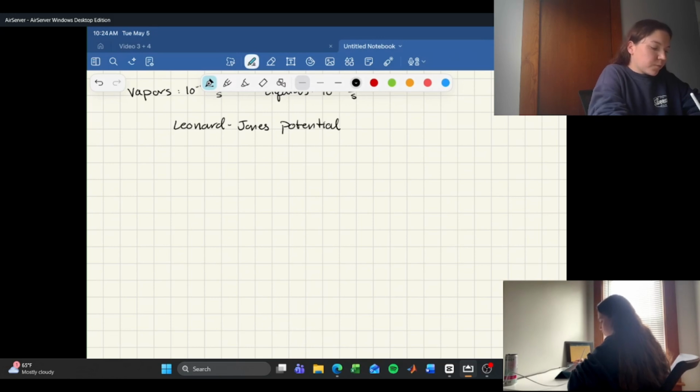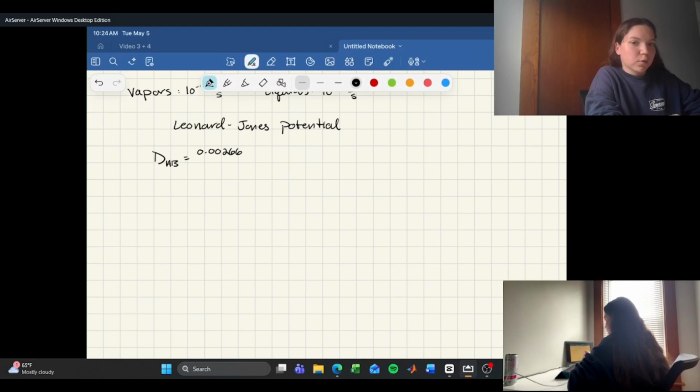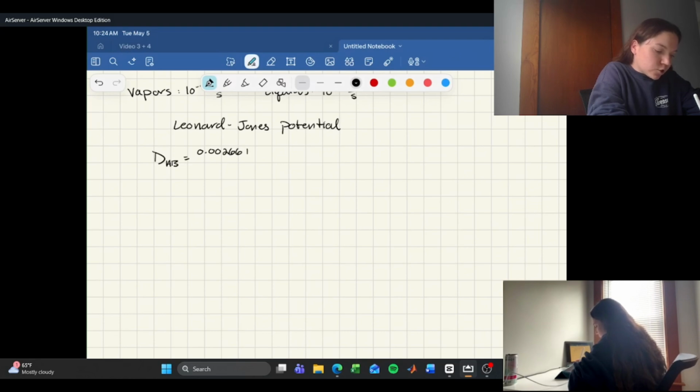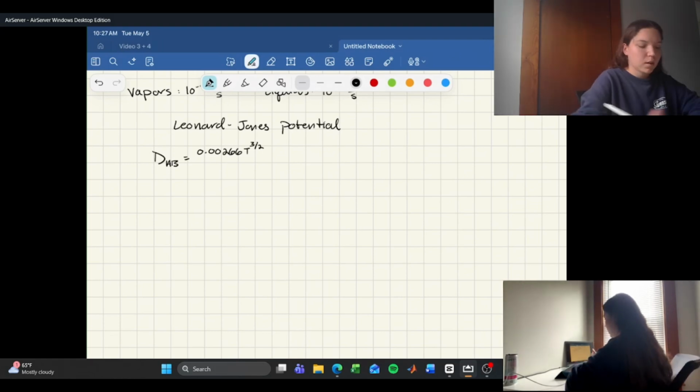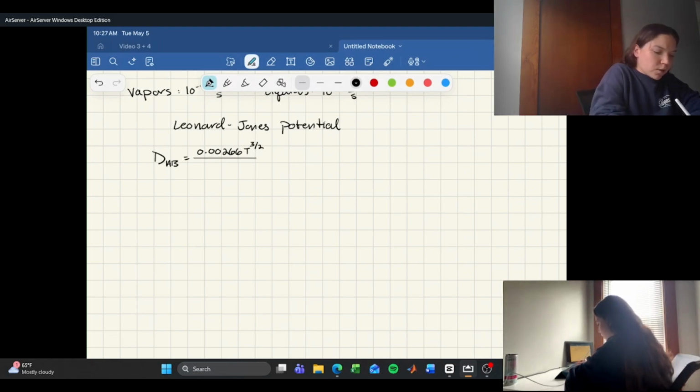Okay, so this is going to say that the diffusion coefficient of component A through B is going to be equal to 0.00266. This is a constant that was determined experimentally. So we have that times the temperature of the system to the 3/2 power, and this is going to be over the pressure of the system times the molar mass of components A and B to the 1/2 power.